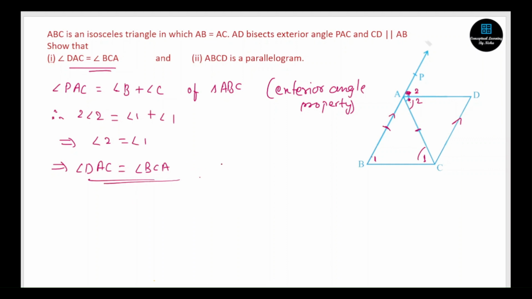And now they are alternate angles. So what can I say from this? AD is parallel to BC. We already proved it. Now, why? Because here you have to write these are alternate angles.